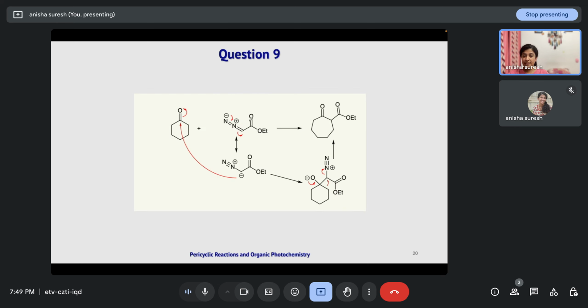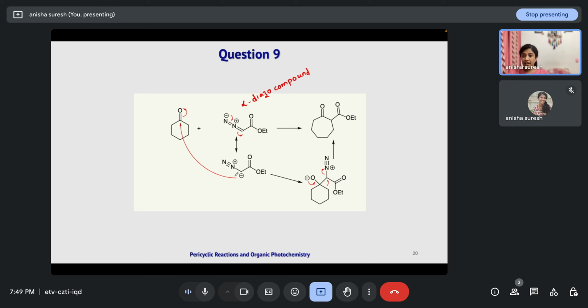So this is the species that we have seen. This is our alpha diazo compound. It can rearrange in this fashion. This negative charge will fall here and this double bond will lead to formation of a negative charge at the center.